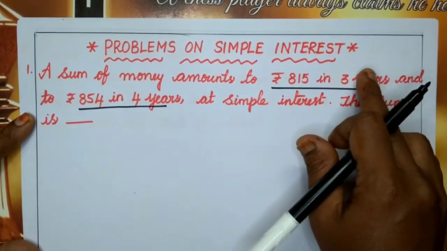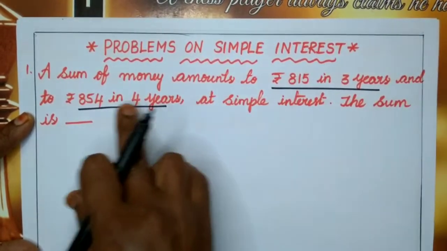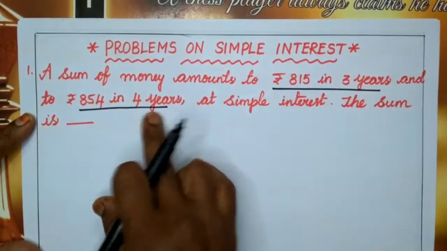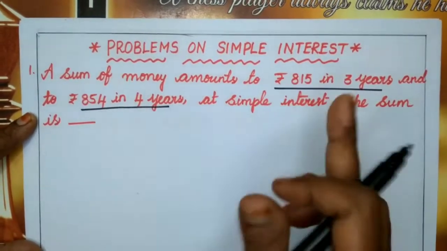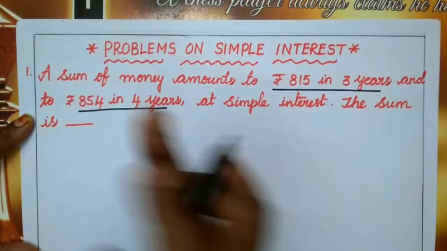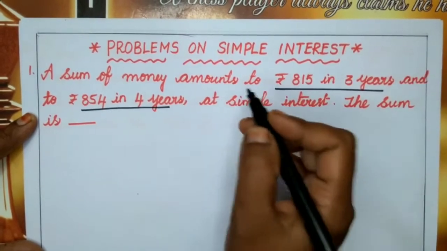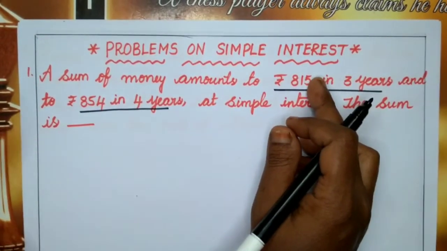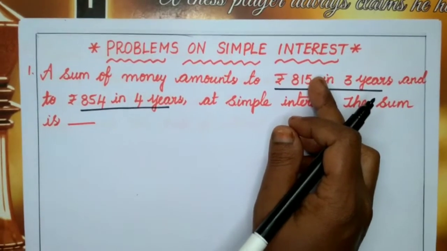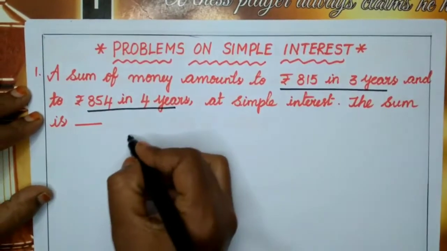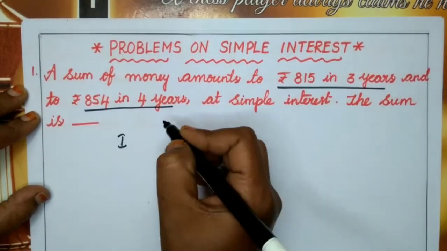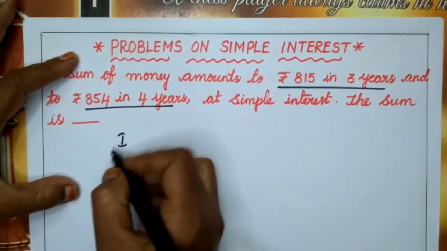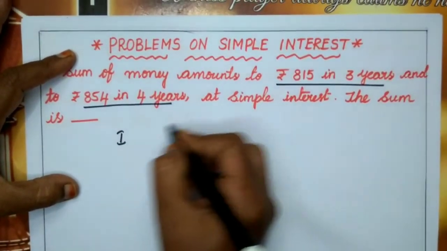So in 3 years the amount is 815, in 4 years it is 854. That means after 1 year this is changed to 854. Now we are going to calculate the difference between these two values. That difference will give us the interest. After 1 year some amount is added to 815, so that extra amount will give us the interest in 1 year. Very simply we can calculate the interest here without using the amount formula.